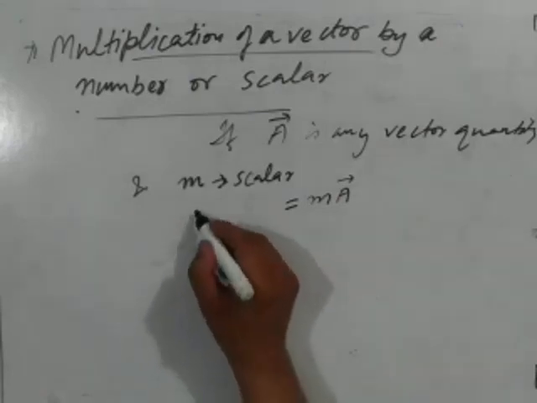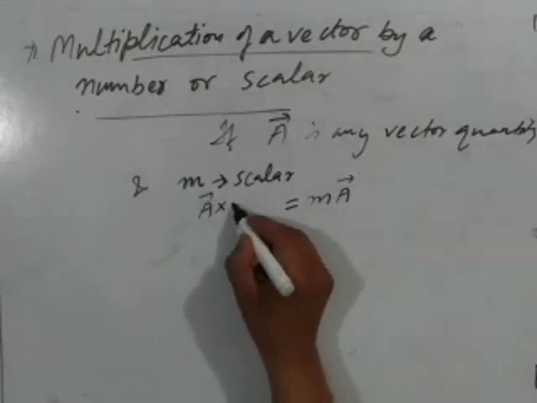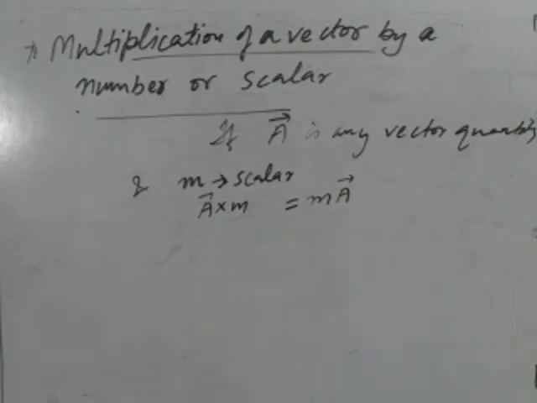So if we multiply a vector with m, it will become m into A vector.